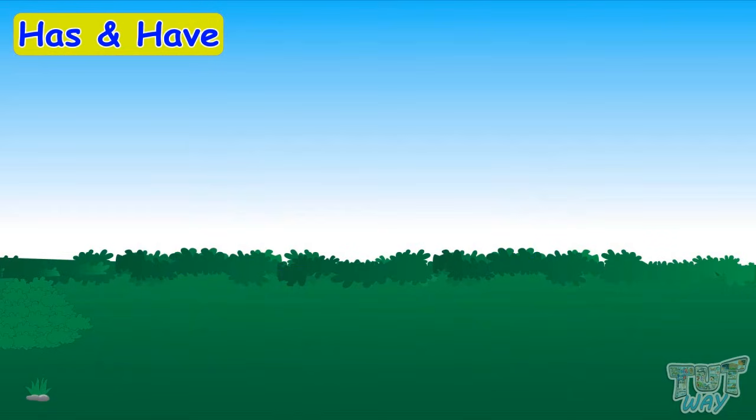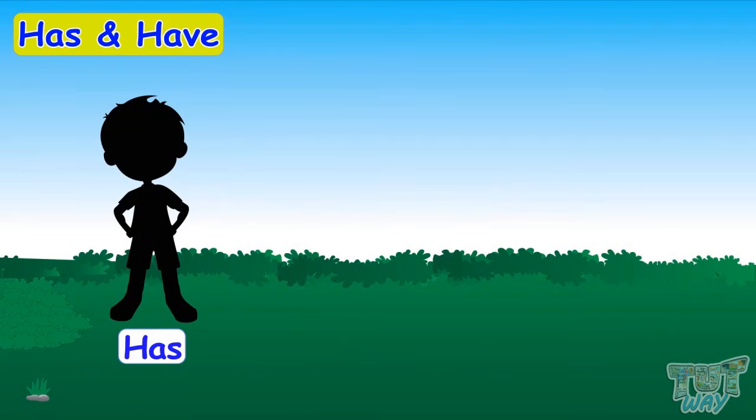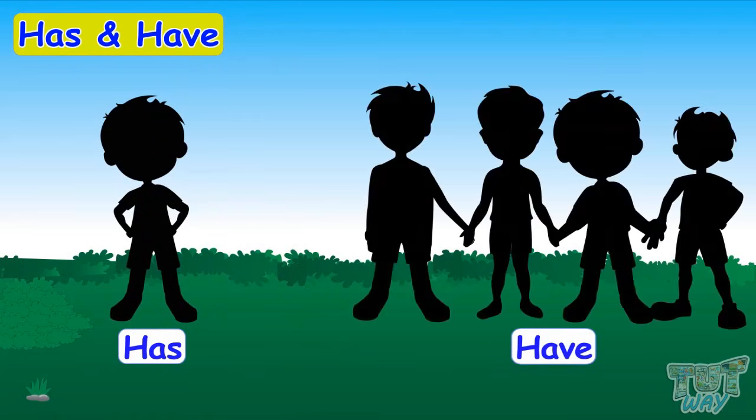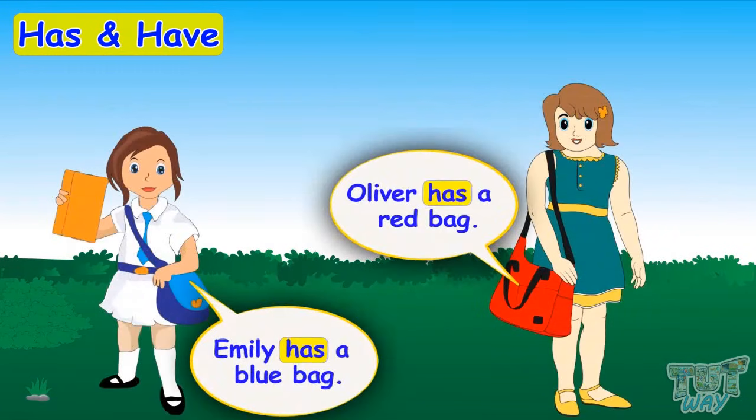Also, has is used when we are talking about a single person, and have is used when we are talking about more than one person. We used has when we talked about Emily or Oliver and not both together.